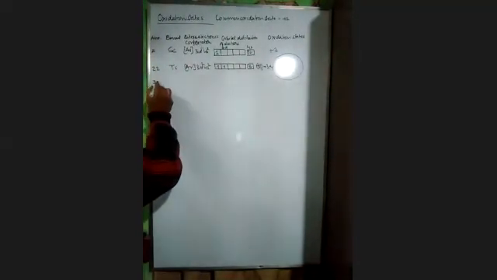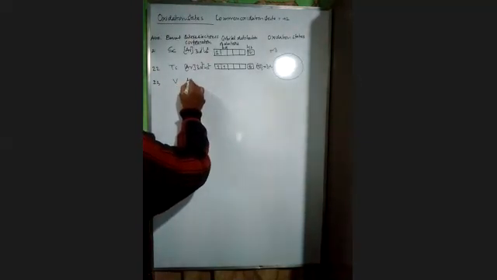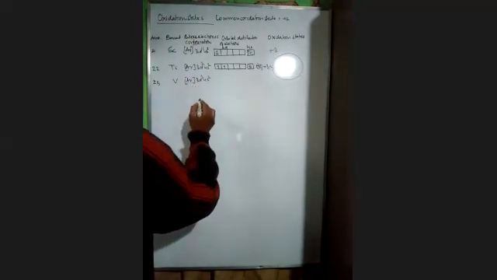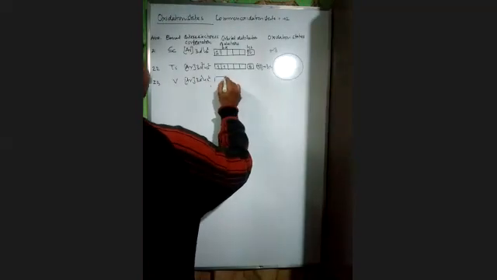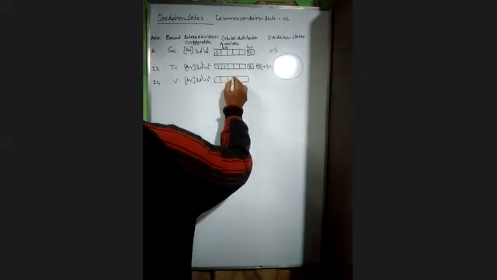Okay. Then 23, vanadium, 3d3, 4s2. Okay, you can write.